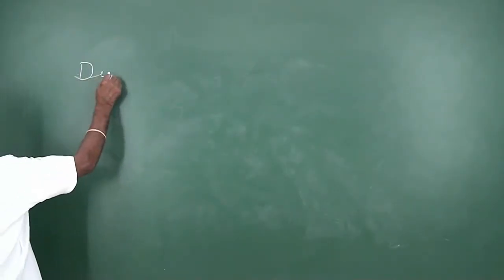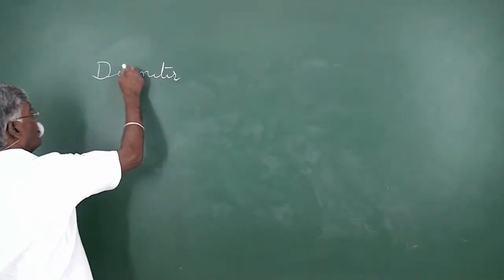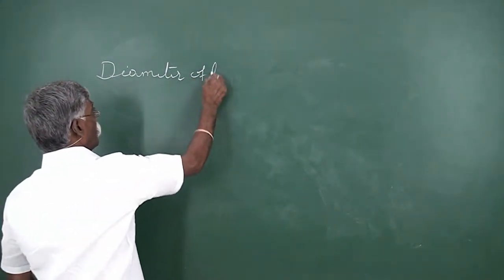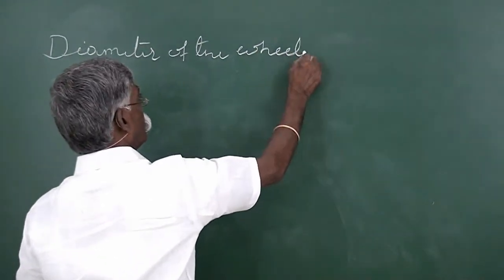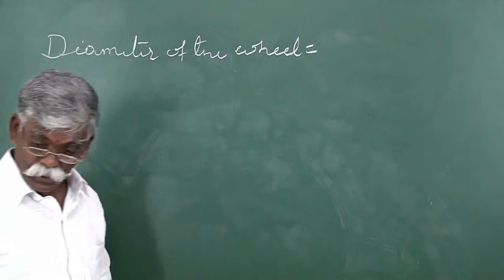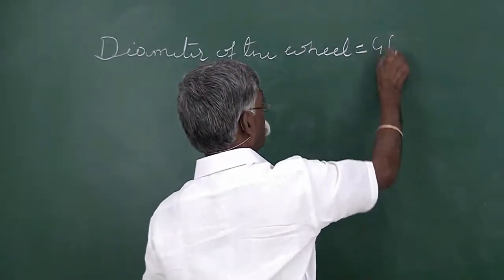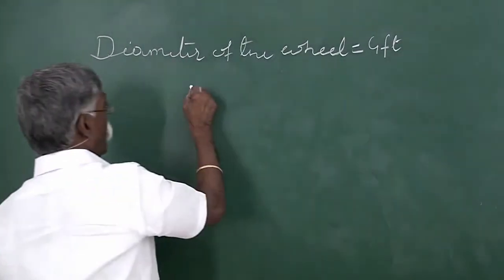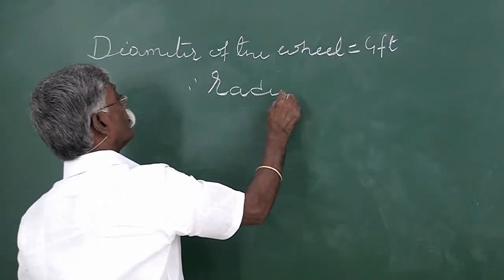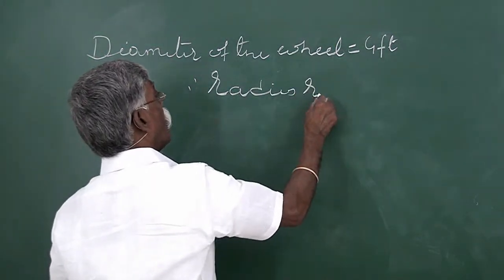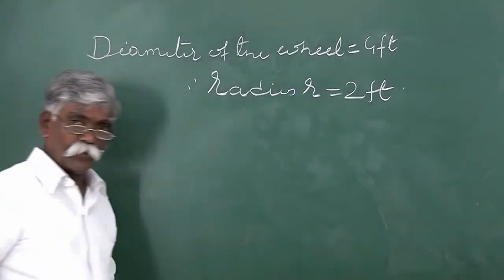Diameter of the wheel is given as 4 feet. Therefore, radius r is equal to 2 feet.